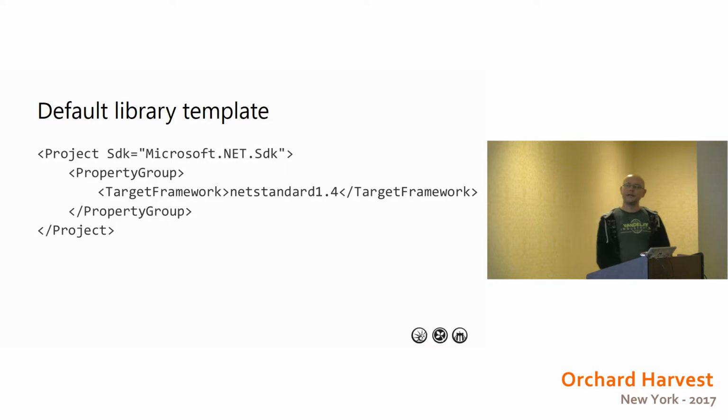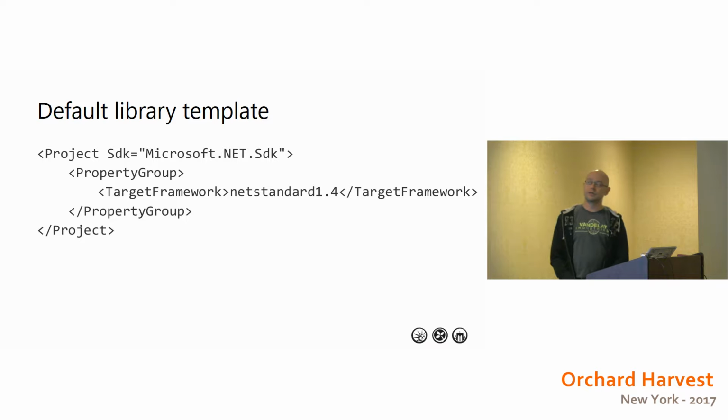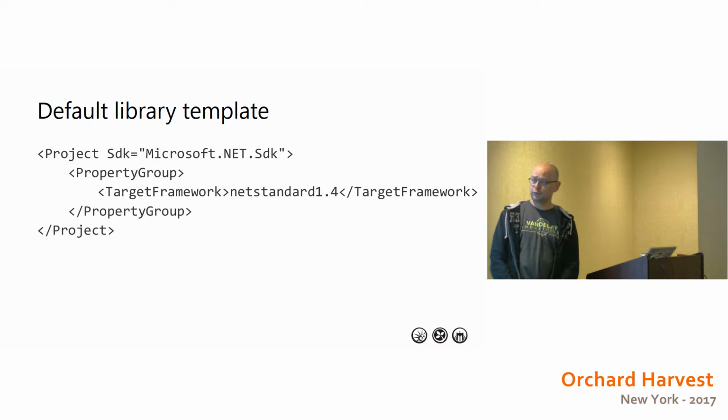Same thing for library projects. The library project is pretty much the same, except that it doesn't have the exe output type. But yeah, it's really simple. You're just saying that you're targeting the Microsoft.NET SDK. You want to compile for net standard. And there is also the notion of multi-targeting.